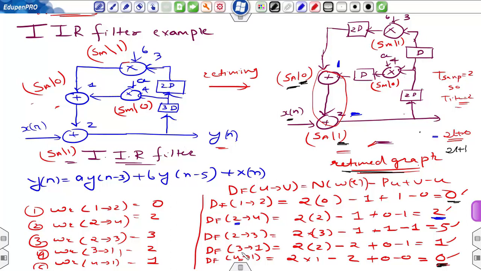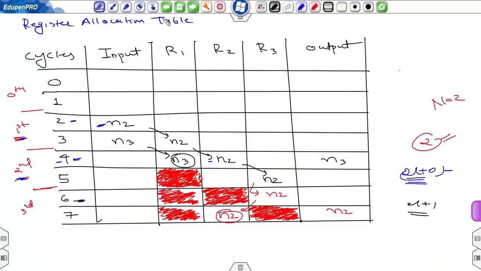And 3 to 1 is 1. This means that the output of multiplier 3 should be connected to the input of adder with one delay in between. Okay, so N3 is generated at the third cycle, and after one delay it will be in R1.